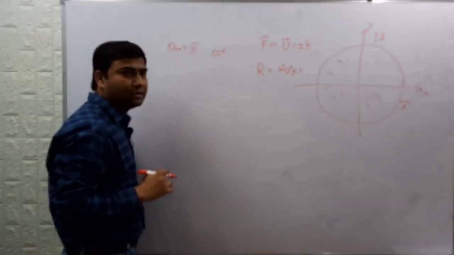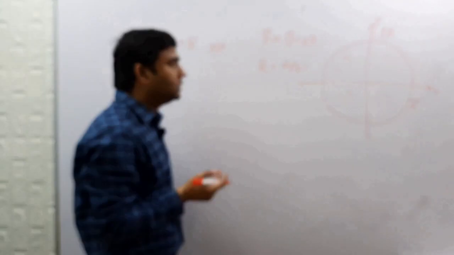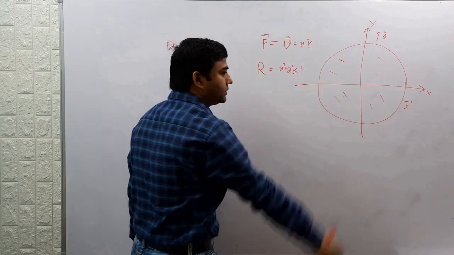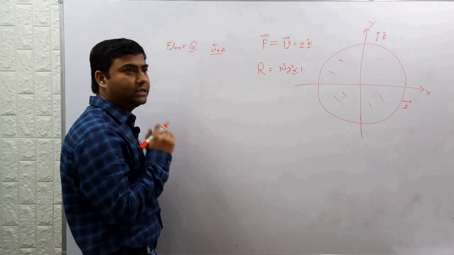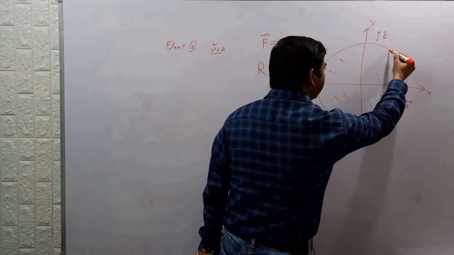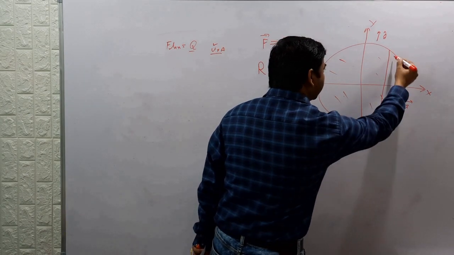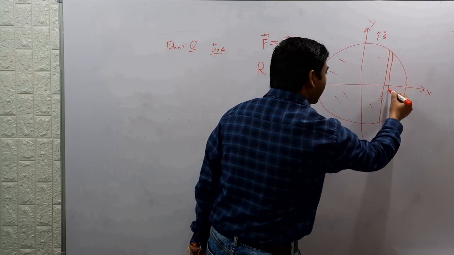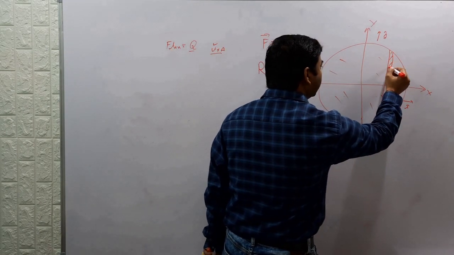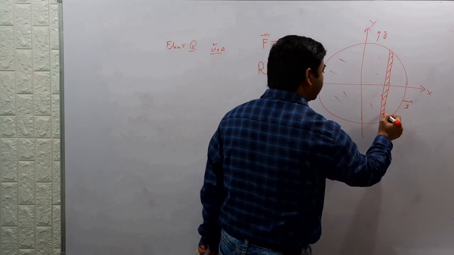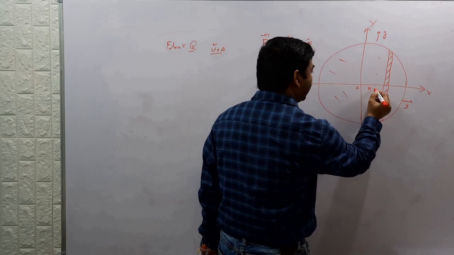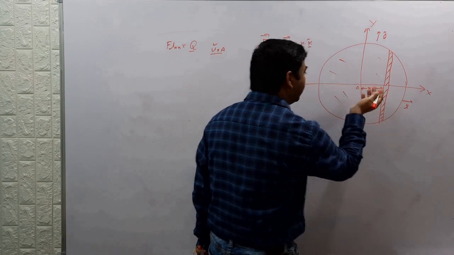Velocity into area is the formula for flow, but it cannot be used because velocity is changing at every point. That's why we have to use integration. So we will consider a small strip of area. This is the center, and this is at a distance x.